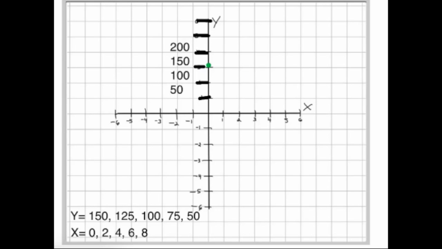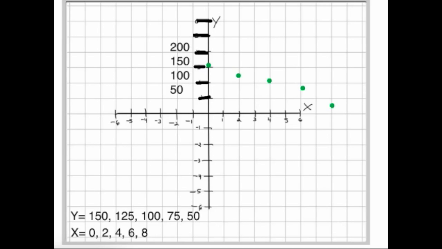Let me redo that one and put it there. Then we'll have 4 and 100, which is about right here. Then we'll have 6 and 75, which is about right here. And then we'll have 8 and 50, which is somewhere out here.